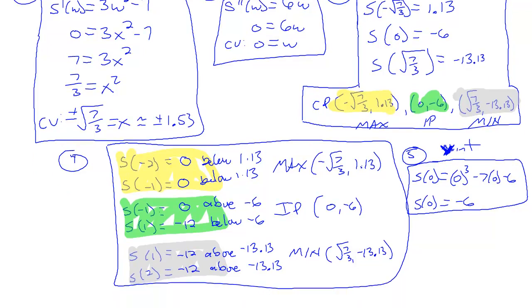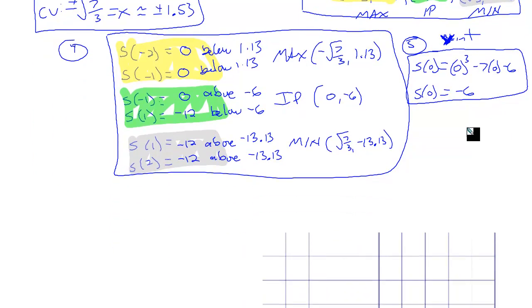X-intercept. This is also step 5. We set this equal to 0.